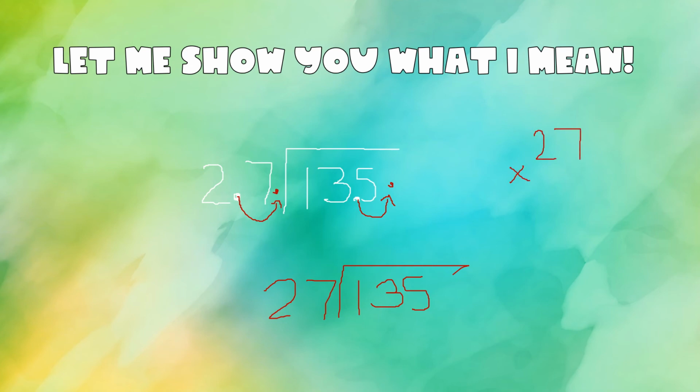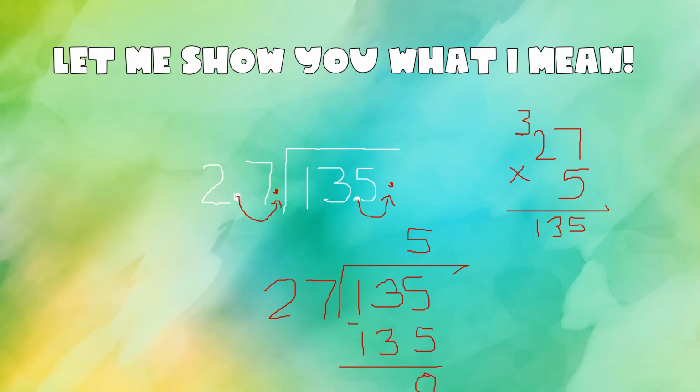Let's do 27 times 5 and see what happens. 7 times 5 is 35. 5 times 2 is 10, plus 3 is 13. Oh, and look at that. It's 5. So 27 times 5 is 135. We subtract, we get 0, we are done, which means that our answer is just 5.